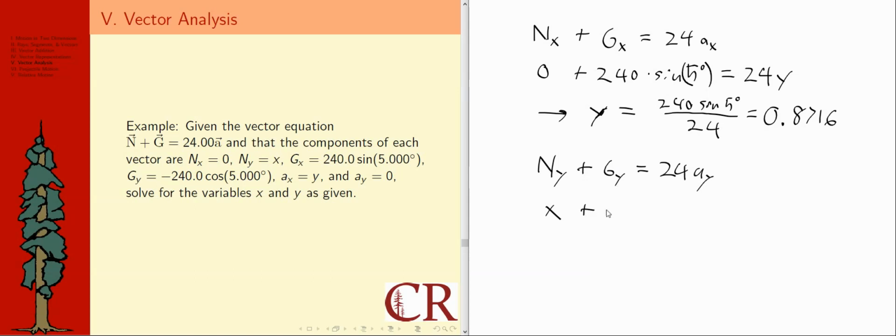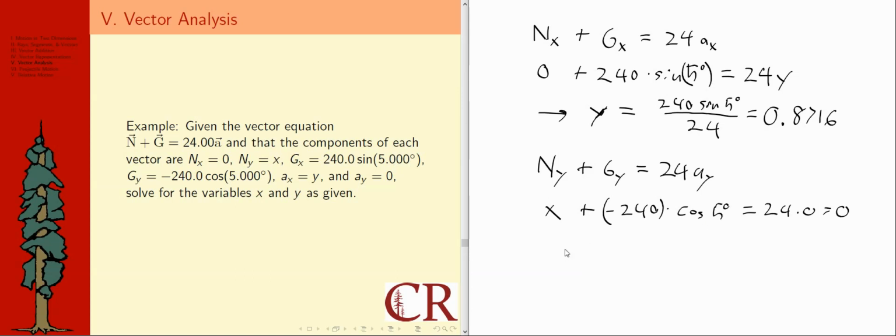g sub y is actually equal to a negative 240. Maybe the way I've written that there, just to make it clear, I'll put some parentheses on that, times cosine of 5 degrees. And since a sub y is just equal to 0, this is like 24 times 0, but maybe I could even just say, hey, that's 0, really.